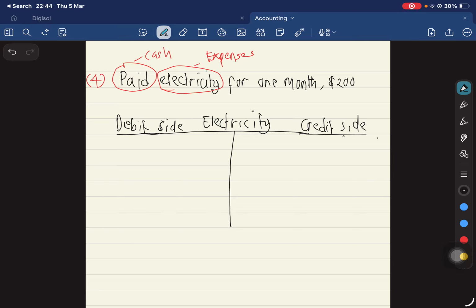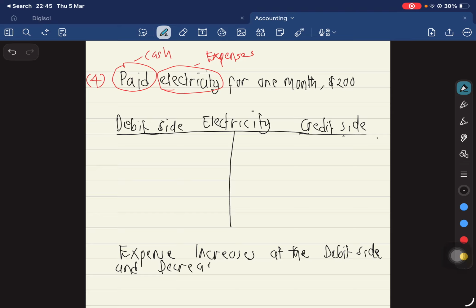We said expense increases at the debit side and decreases at the credit side.